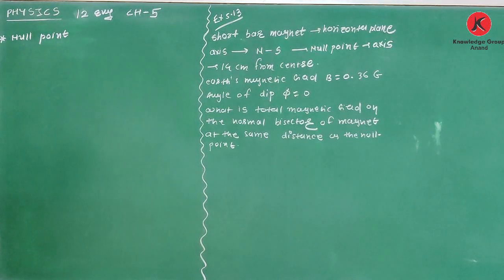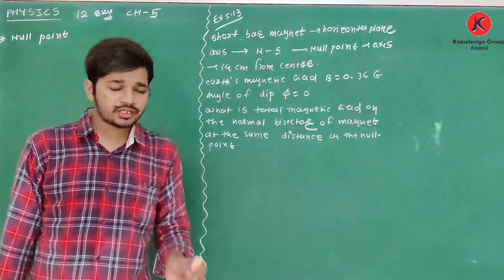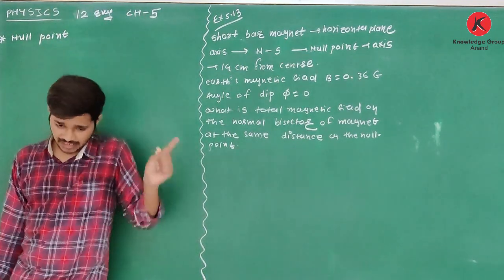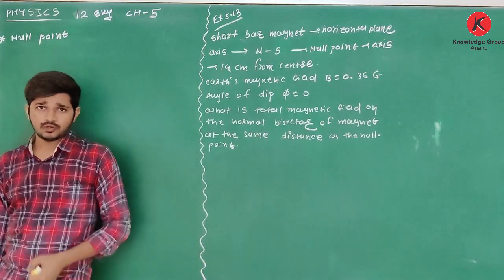We know that the magnetic field of Earth emerges from the geographical south pole and enters through the geographical north pole. Yes or no?